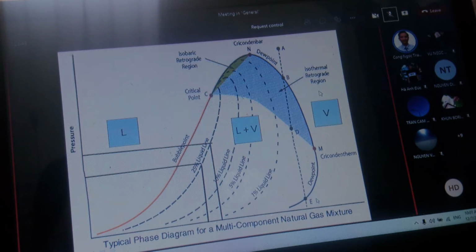So we base on the property of the mixture. If we have a mixture and we would like to separate 1% or 10% of liquid, you must choose the correct condition, here the pressure and temperature.